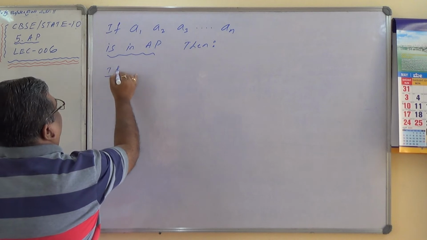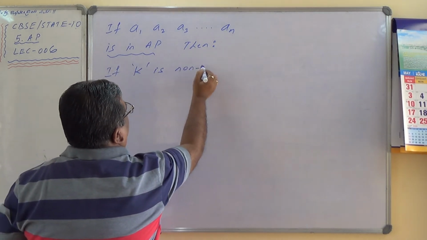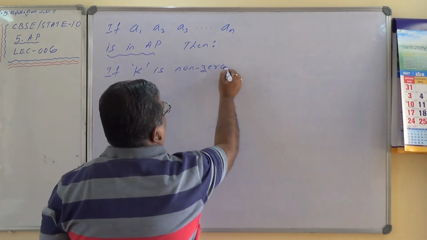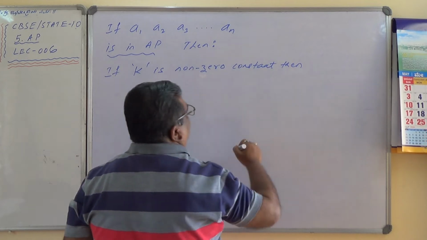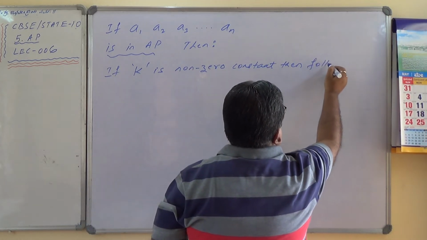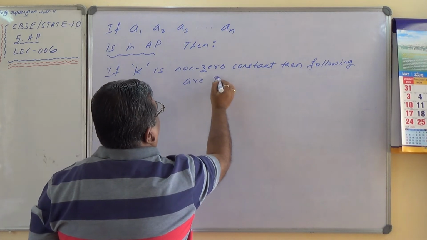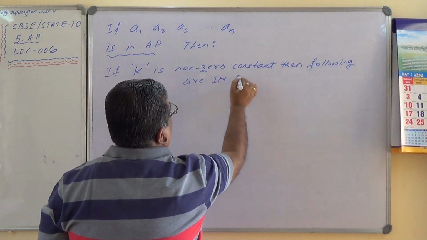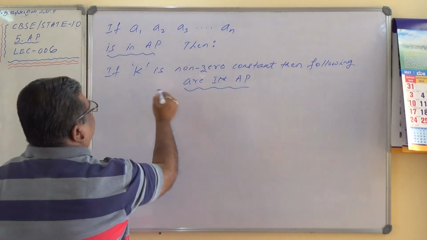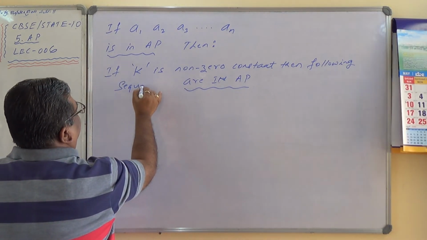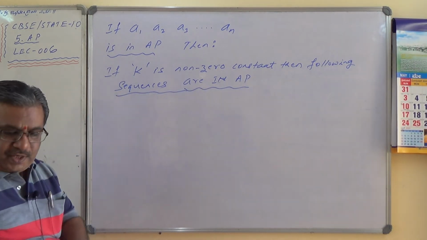So I'll write here: if k is a non-zero constant, then the following sequences are in AP. Which are those sequences?